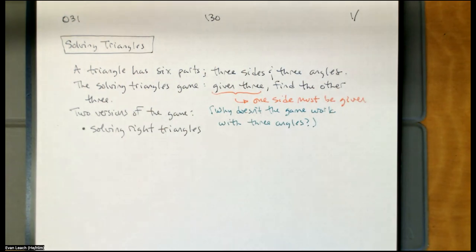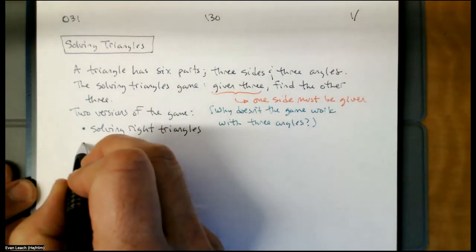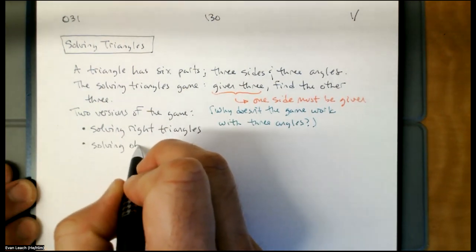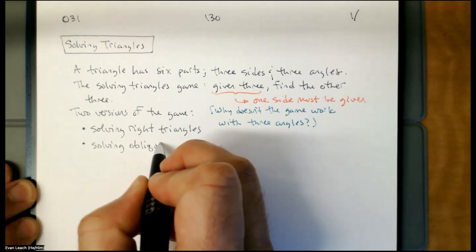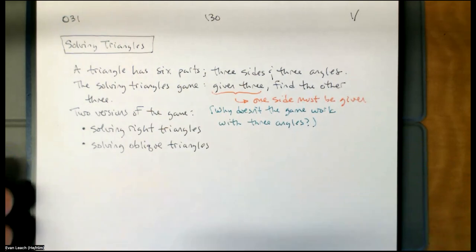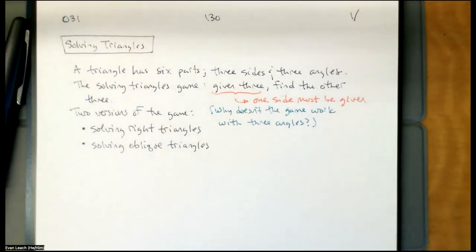That's for later. Oblique is a word that just means not right. In this context, that just means it's not a right triangle.